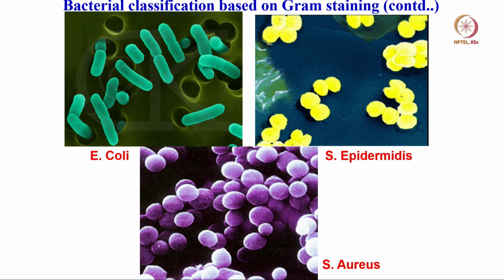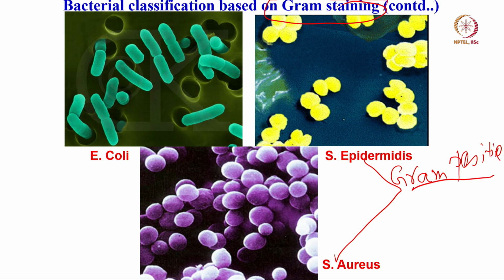Again, in school biology you have read about gram positive bacteria and gram negative bacteria. So, these two are examples of gram positive bacteria. These are essentially based on gram staining, and this is essentially a gram negative bacteria.